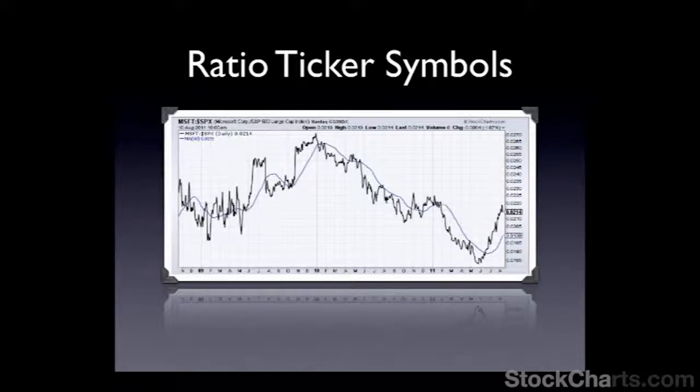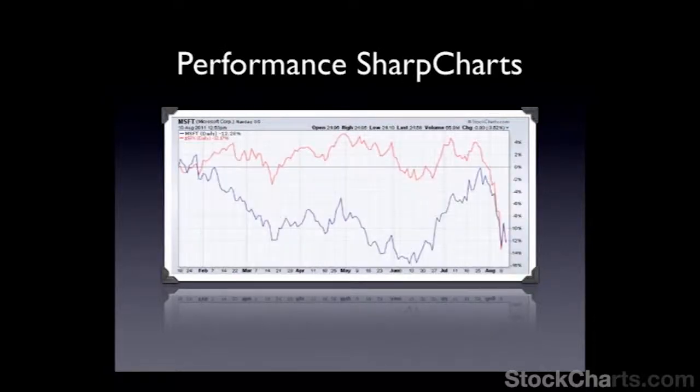And so you use these comparison charts to get a sense of which things are stronger and which things are weaker. John uses this with intermarket analysis constantly. In this case, we're comparing Microsoft to the S&P 500, and we can see that there was a point in time in 2009 where Microsoft was nicely outperforming things.